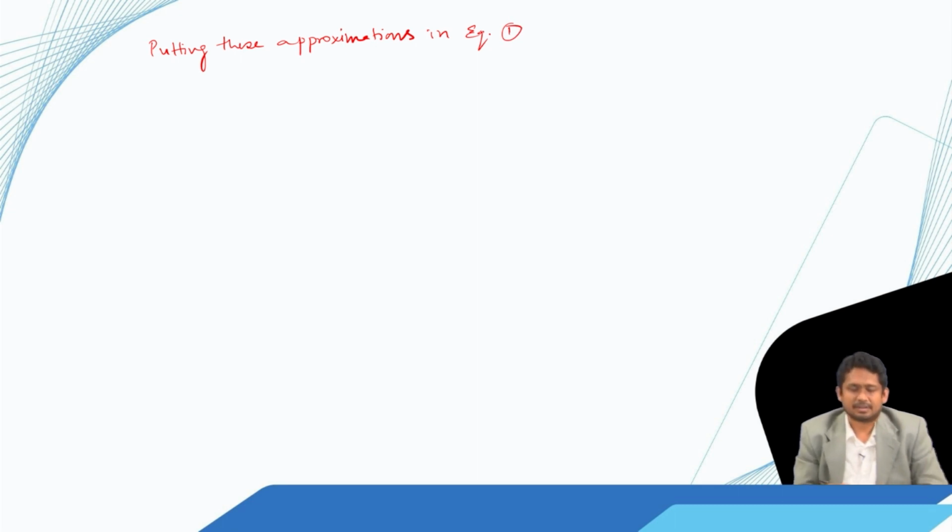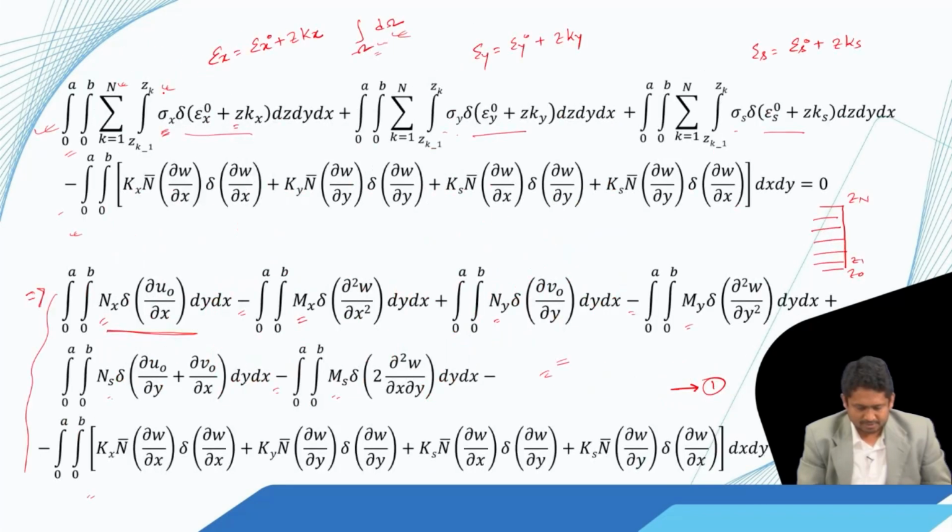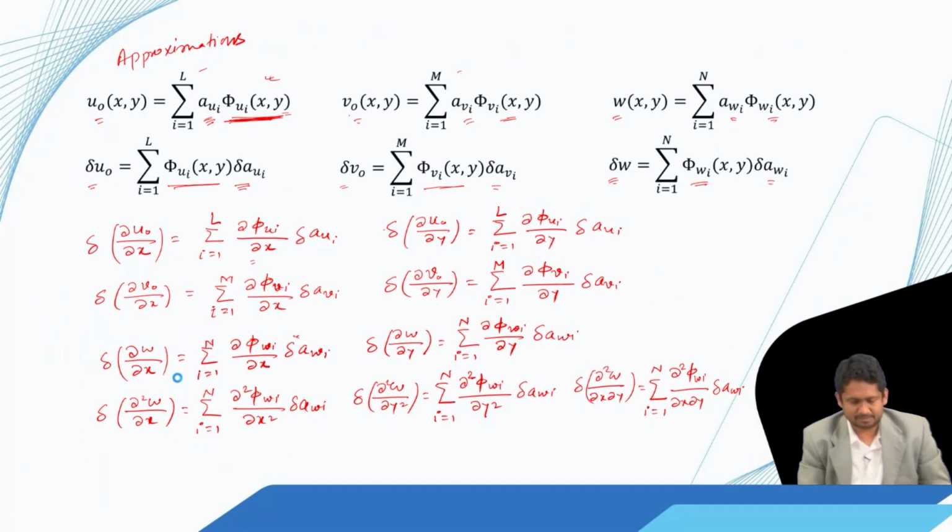we can write the first term was integral 0 to b, 0 to a, and then we have nx into del u0 by del x.